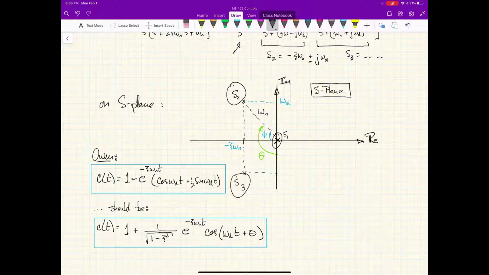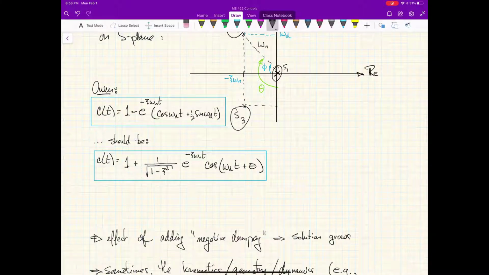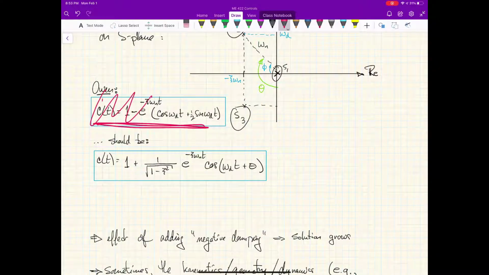So if you find the actual solution there after you invert this Laplace transform, you're going to get an answer, which is the physical response of the system in the time domain. And I want to highlight to you here a typo in Owen's book. This is the way he's got it written here for that particular response, at least in chapter 5. That is incorrect.